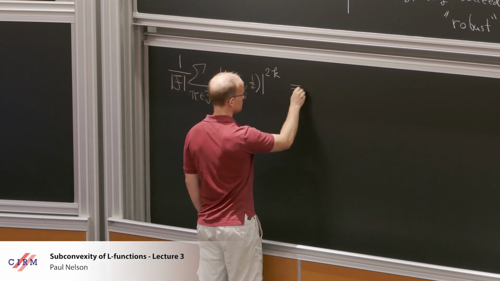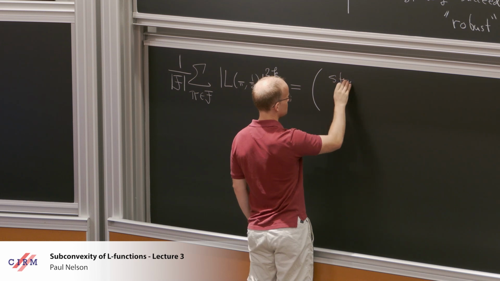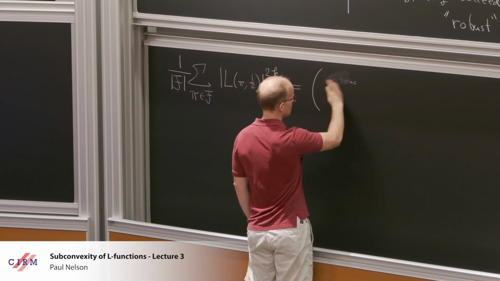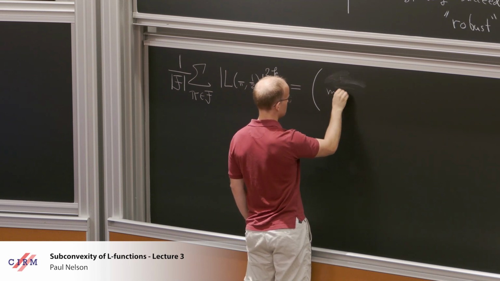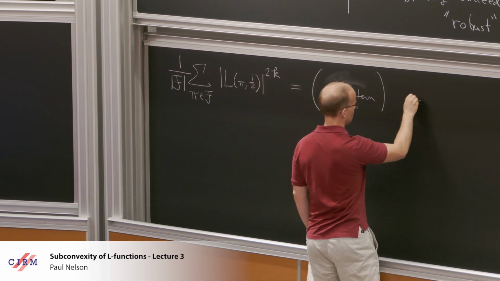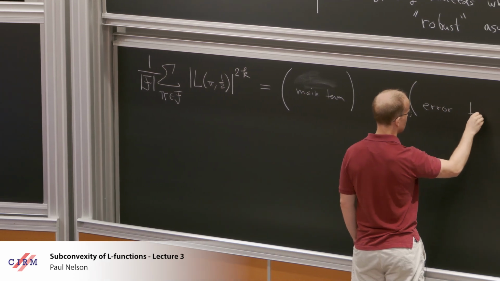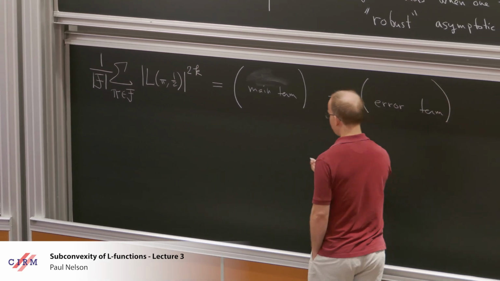And so what I mean by a robust asymptotic formula is one where you get, of course, a main term and some error term. So that's what's meant by an asymptotic formula.